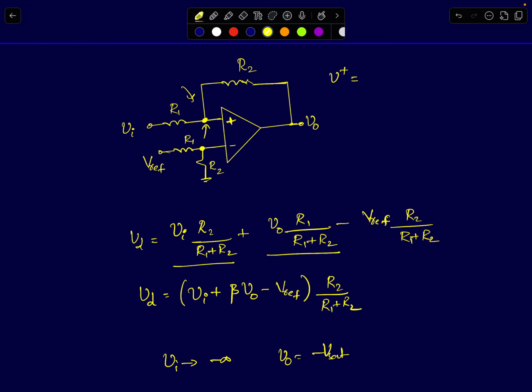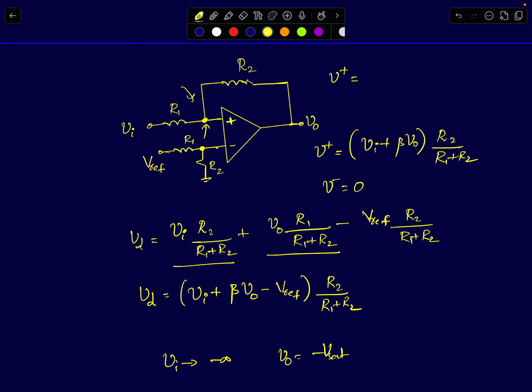If you recall, previously this node was connected to ground. Then your V plus can be written as Vi plus beta times V0, the whole thing multiplied by R2 by R1 plus R2. That was the voltage when the inverting terminal was connected to ground, so V minus used to be 0.